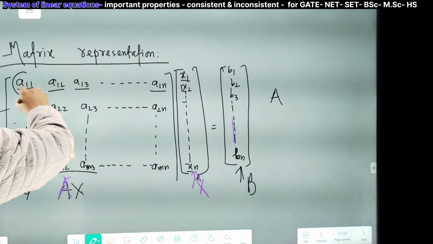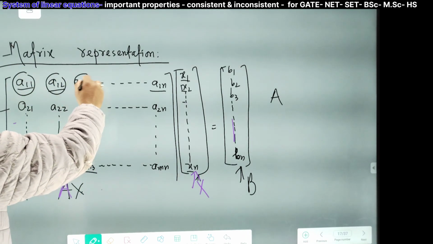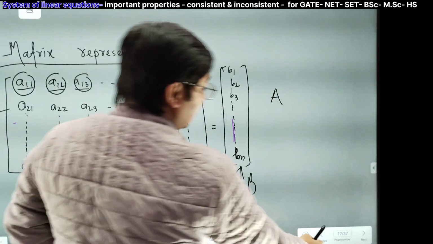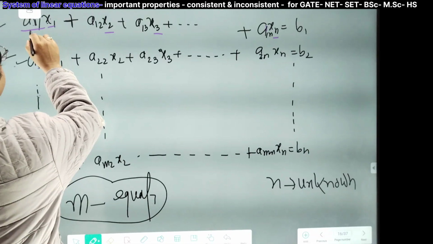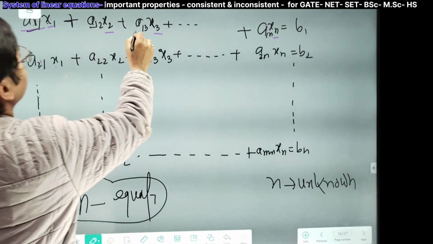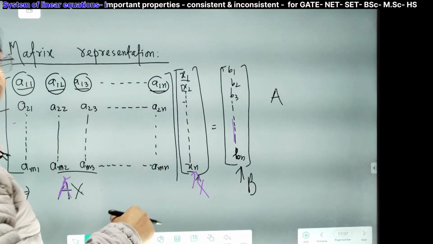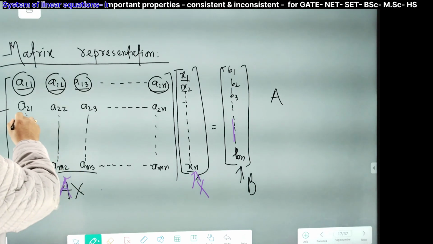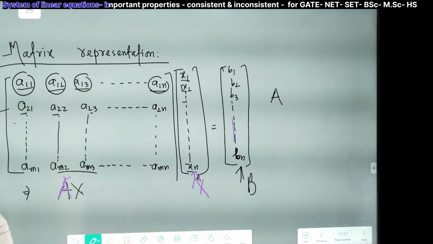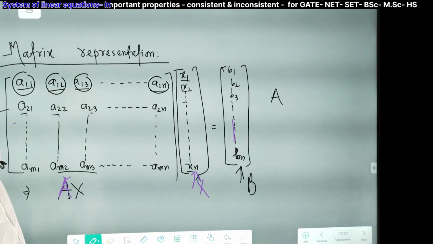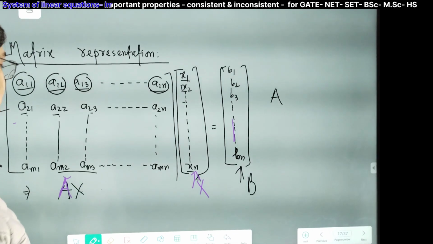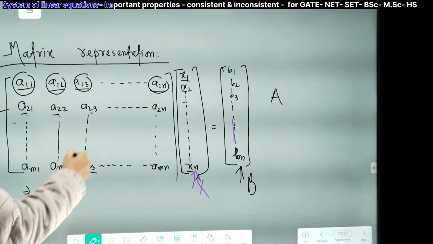Here you see a11, a12, a13, and these are the coefficients of the unknowns of the first equation. Similarly, these are the coefficients of the second equation, and similarly for the rest.